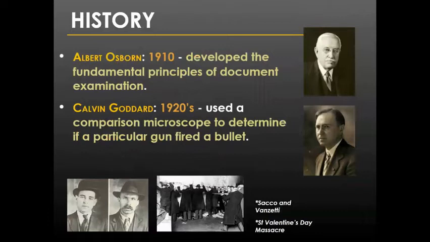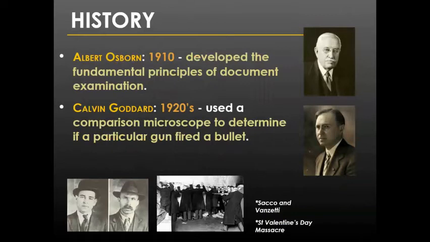From there, he moved on to studying typewriting and paper and ink. All of his interests and research and studies led to all of the principles used for document examination, things like forgeries and stuff like that.